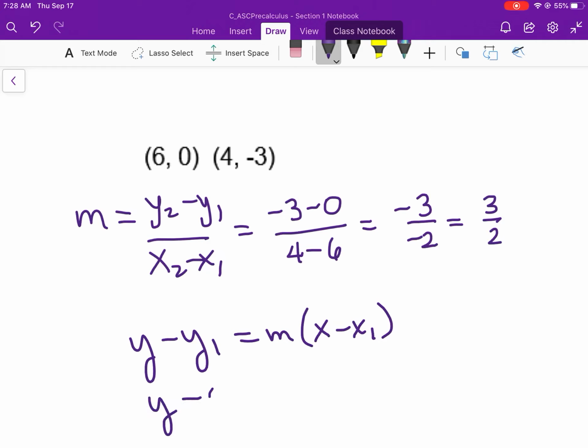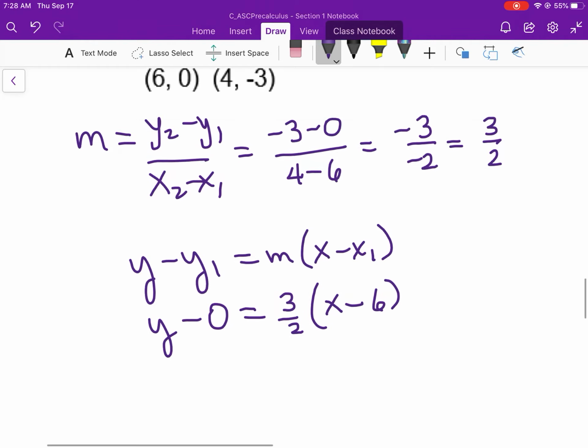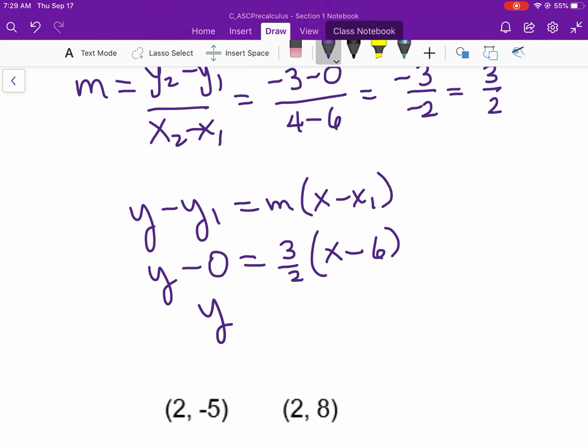So y minus 0 equals 3/2 times x minus 6. So that makes y equals 3/2 x minus 9. Okay?